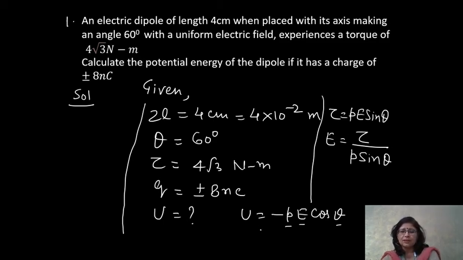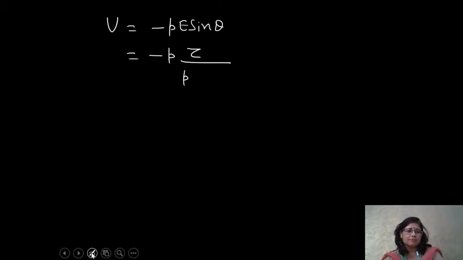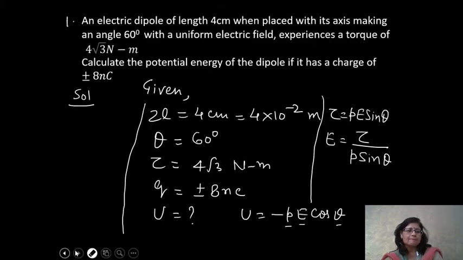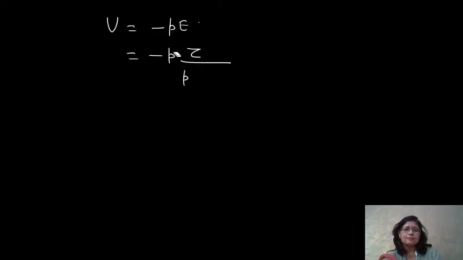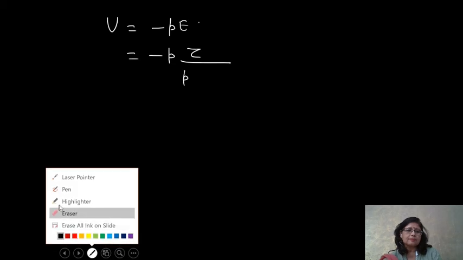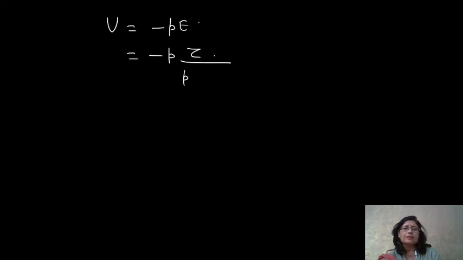And if you put this value here, minus P E, in the place of E, it is tau upon P sine theta, so minus P tau cos theta, and in the place of E we can write P sine theta, cos of theta.